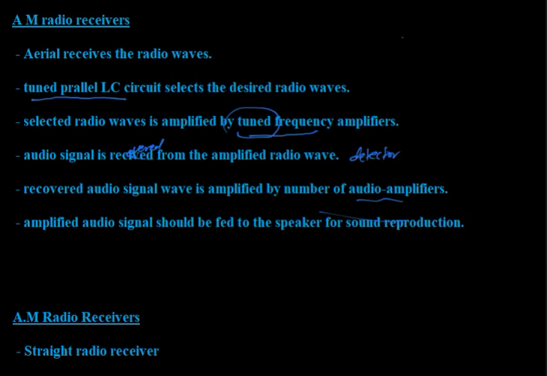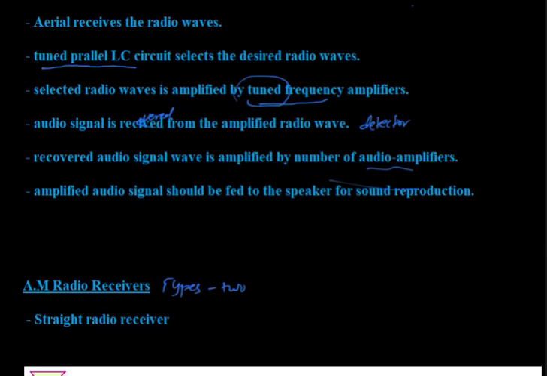Now let's see the different types of amplitude modulated radio receivers. We can classify the radio receivers mainly into two types. One is called the straight radio receiver and another one is called the superheterodyne receiver.